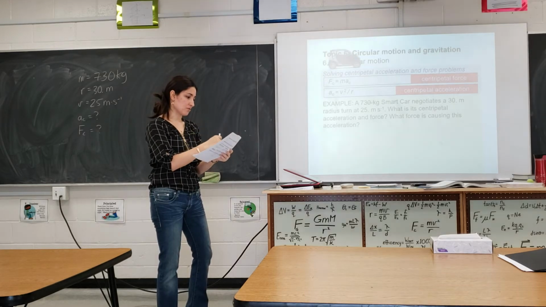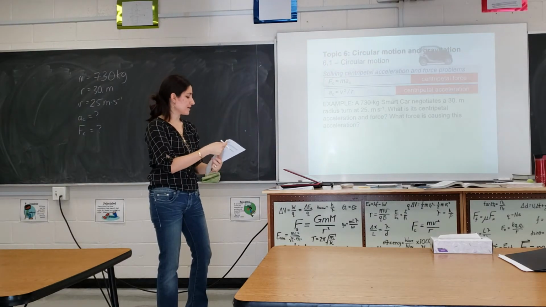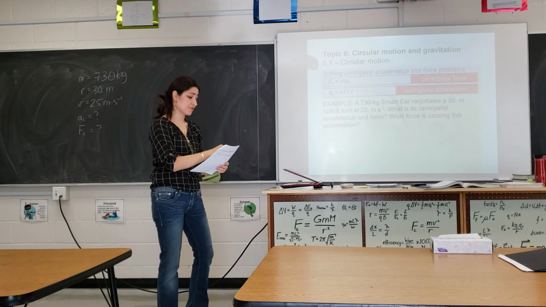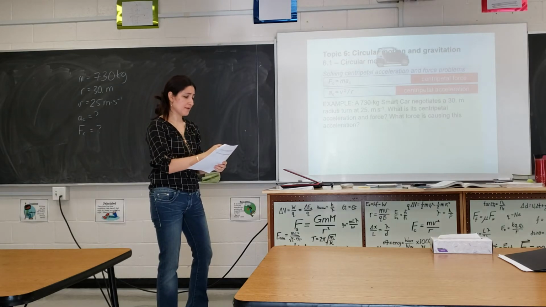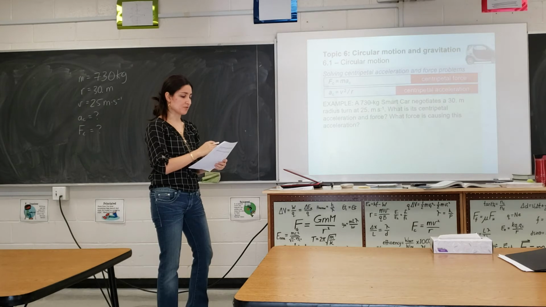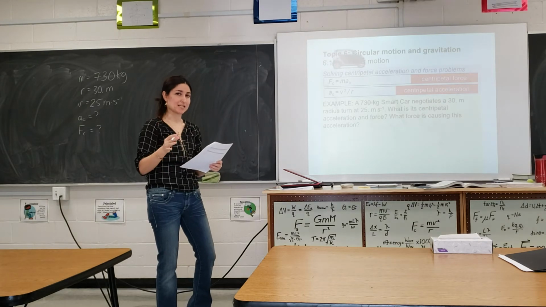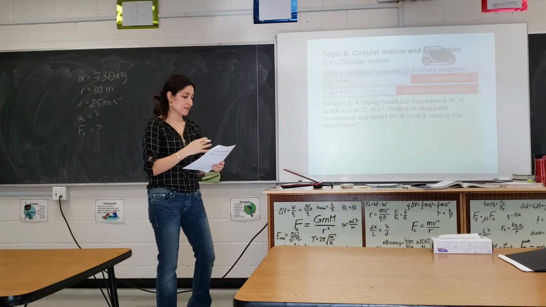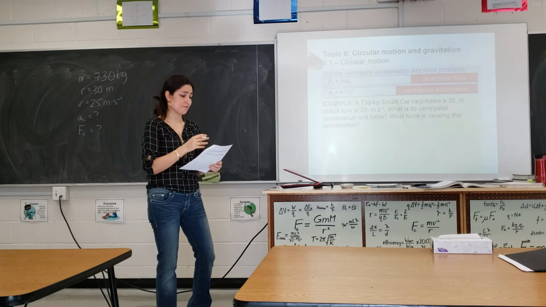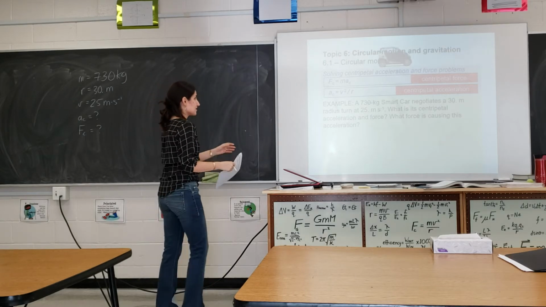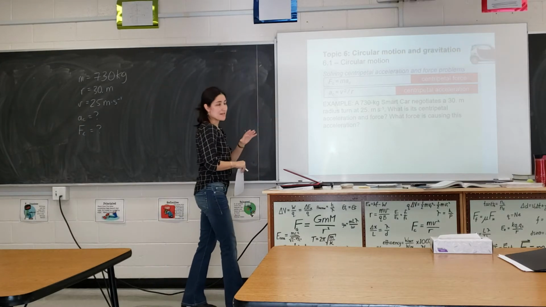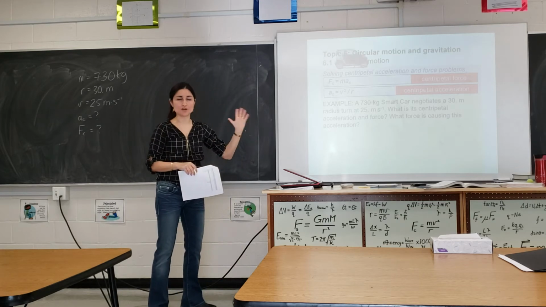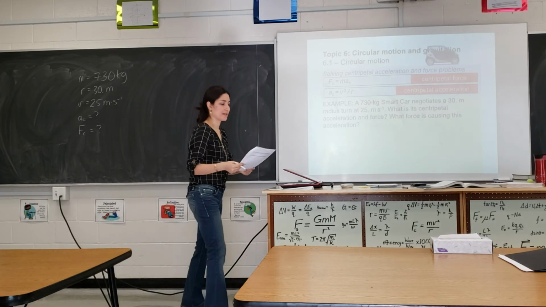Looking in 6.1, the first formula we haven't covered yet, but we will. The next one is a is equal to v squared over r. There's another formula next to it, which we'll go over. And underneath that, we have F is equal to mv squared over r. That's just F equals ma. If a is v squared over r, you see where I'm going with that.